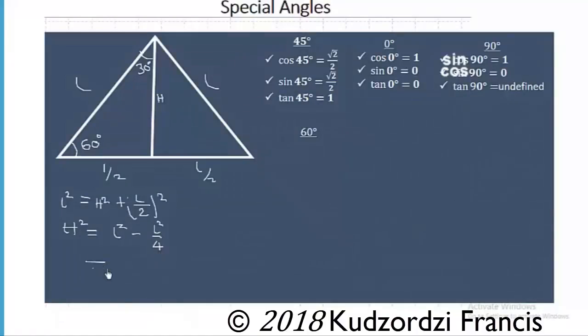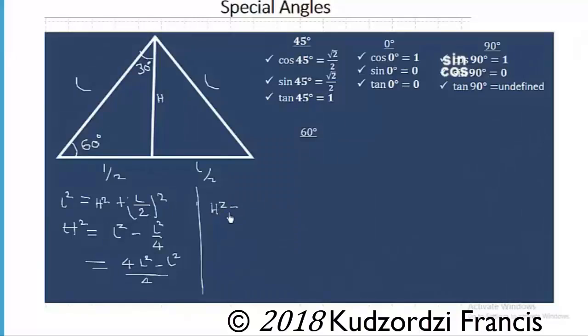So this will give us 4L squared minus L squared over 4. So we have the height squared to be equal to 3L squared over 4.